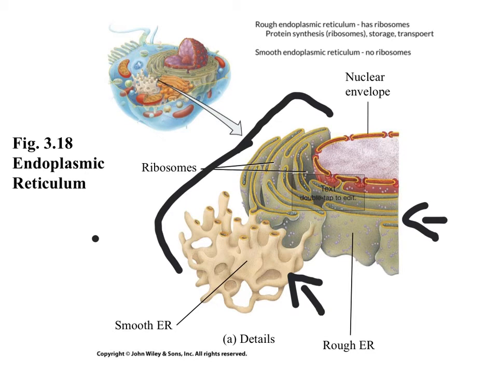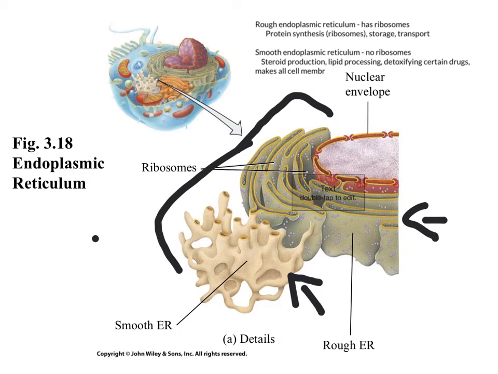Okay. On the other hand, we have the smooth endoplasmic reticulum, and the smooth endoplasmic reticulum is important for steroid production, lipid processing. Okay, it's also important for detoxifying certain drugs, and it makes all cell membranes.